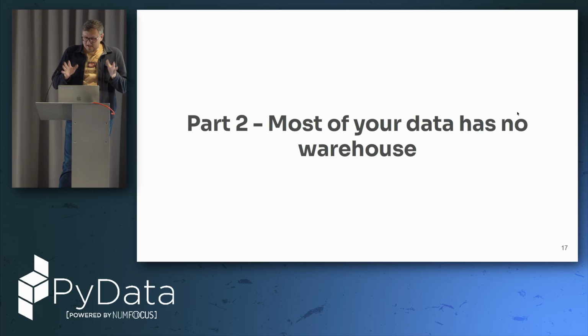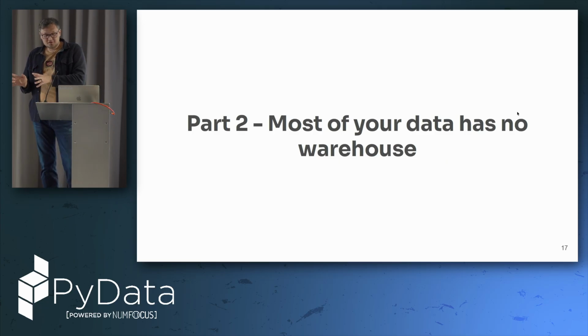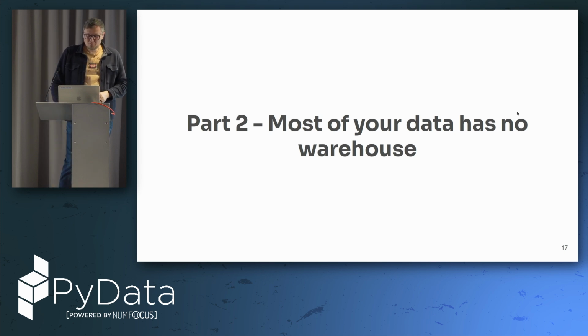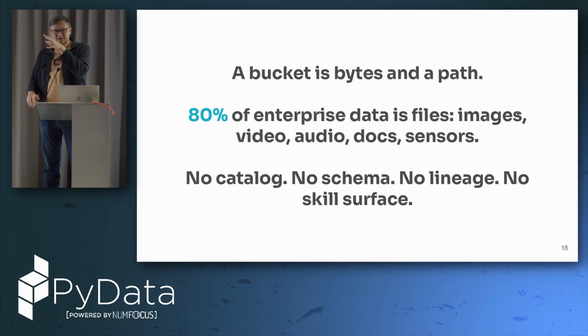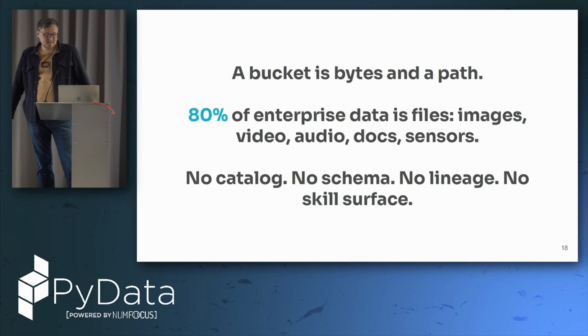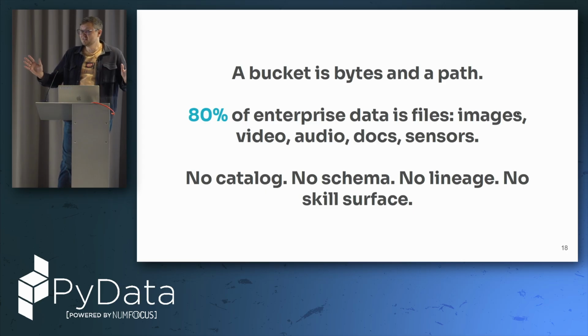But I'm living in a somewhat different universe where data warehouses do not exist. Most of our customers have video, sensor data, some robotics data in S3 or Azure storage. And of course, there are no catalogs, no schemas, nothing, just a set of files. That's it.